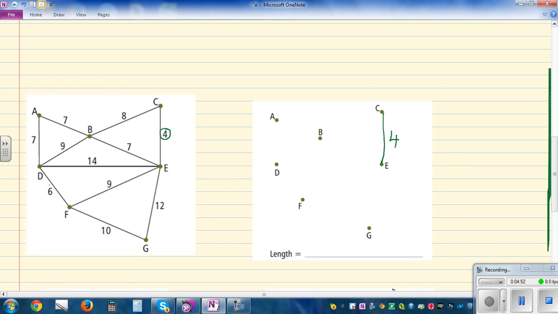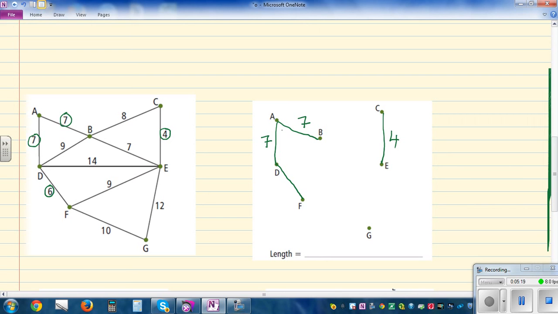The next is 6, so I'm going to connect D and F. Okay, the next is what? You got two 7s, you got this 7 and you got this 7. So I should join these, and so that is the length of 7, and this is also a length of 7. So now you got basically three groups.